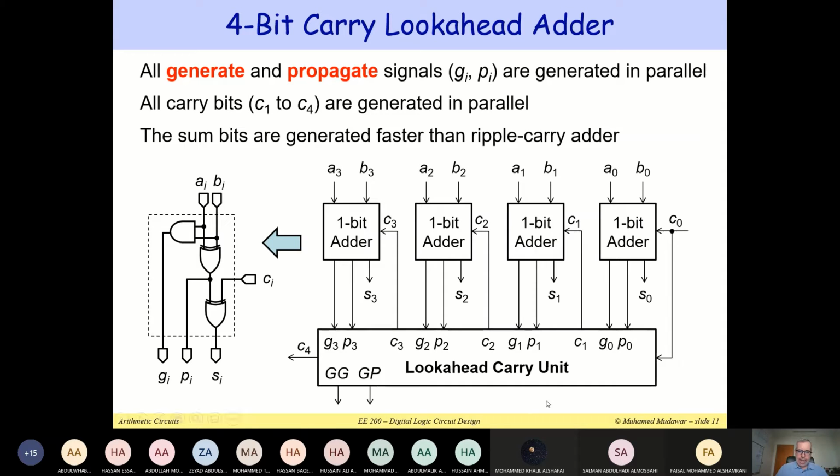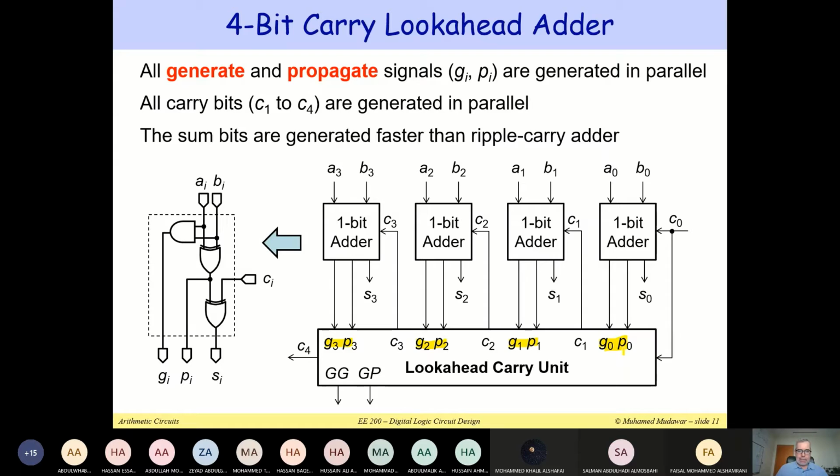All the generate and propagate signals are produced at the same time in parallel. That's the beauty of the carry look ahead adder: you can produce all the generate and all the propagate signals, G0, P0, G1, P1, G2, P2, and G3, P3, at the same time.